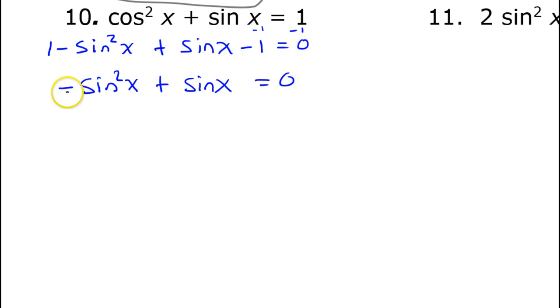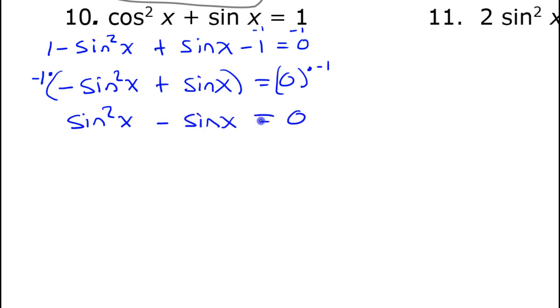I don't like it when the leading coefficient is negative, so I'm going to multiply both sides of the equation by -1. So that's going to change this to positive sine squared x minus sine x is equal to 0.